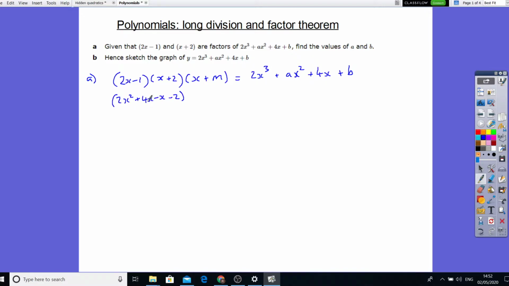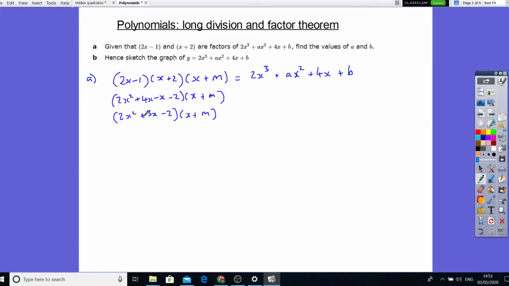Now I'm going to collect all the like terms before I multiply by this third factor. So that will give me 2x squared, 4x minus x is 3x, minus 2. And then all this is going to be multiplied by x plus m.